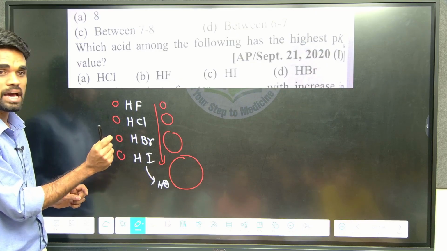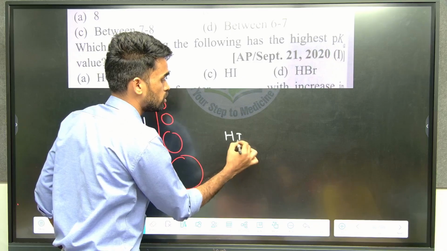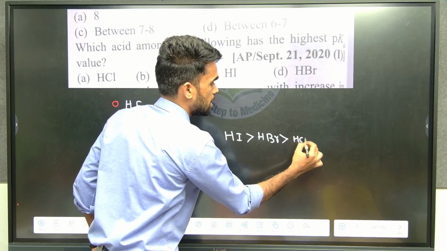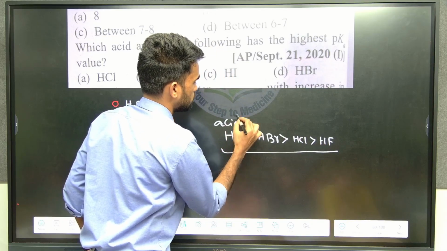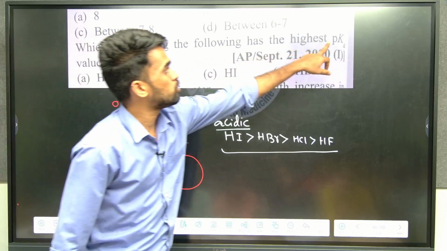So who is strong acid here? HI. Don't say HCl anymore. HI is stronger than HBr, and next HCl, and least is HF. This is the acidic nature order. Okay, now answer me, what about their pKa order?